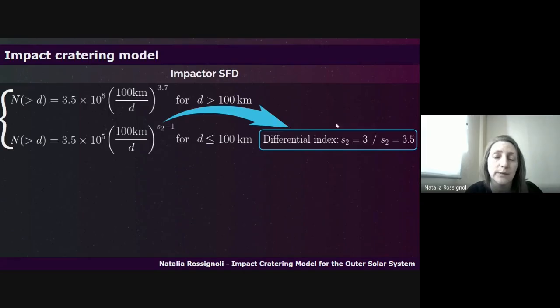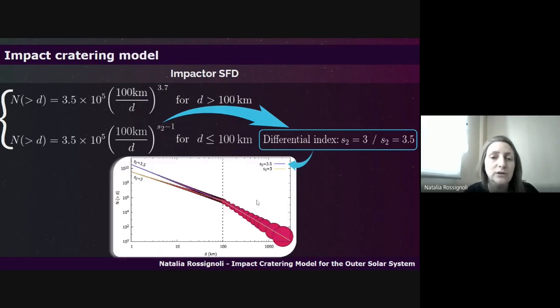So the results I'm going to present will be in terms of these two limiting values, between 3 and 3.5 for this index. The distribution looks like this. So for the smaller members, you will have two limiting distributions, and for the larger members, only one distribution.